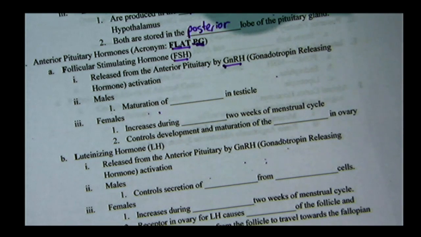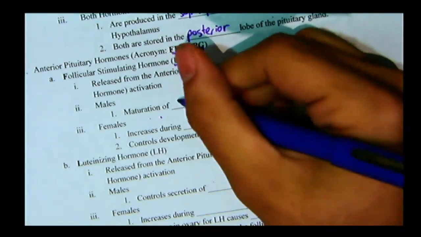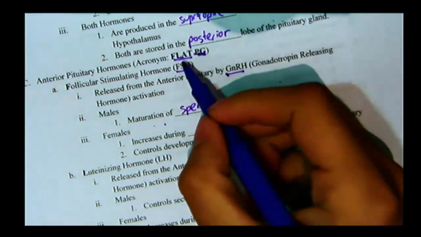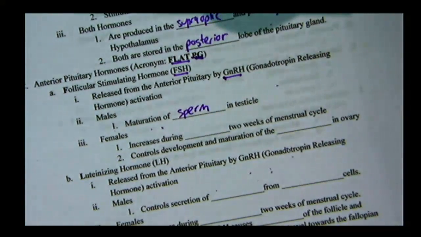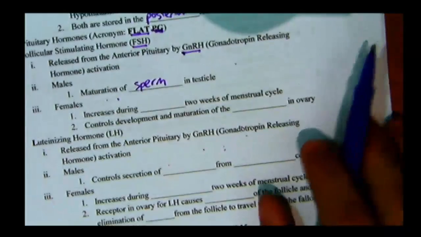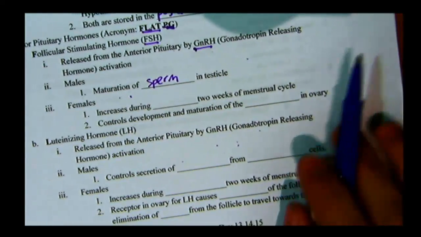The first 2 weeks. It controls development and maturation of the follicle. This is when the follicle is growing, filling up with blood. The ovum is still in the follicle, and FSH just stimulates that growth.